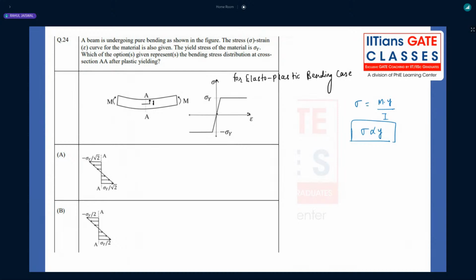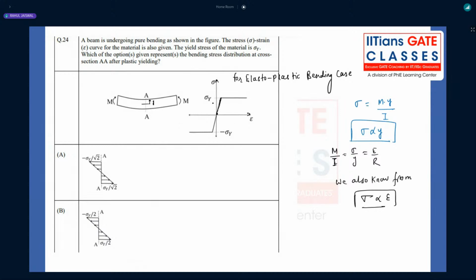If you write M by I is equal to sigma by y is equal to E by R, we also know our assumptions. In the bending case, what are the assumptions we have? The Bernoulli assumptions, that the material should follow Hooke's law. Stress would be directly proportional to strain. That is what they have given in the graph.